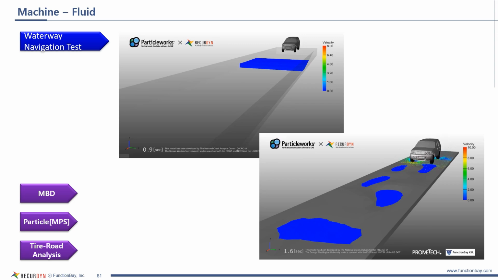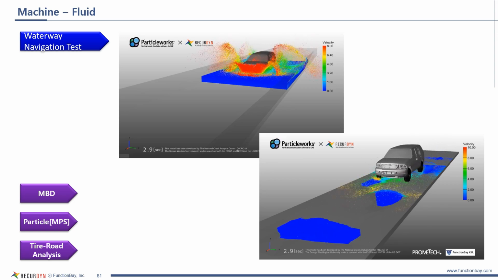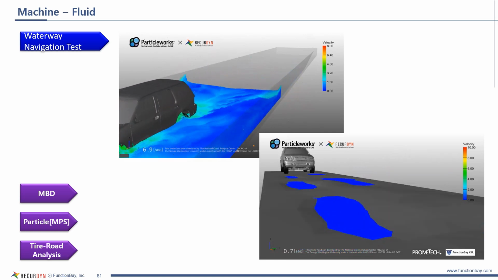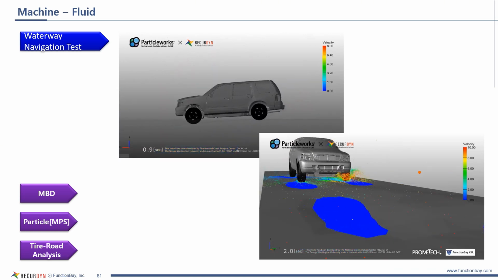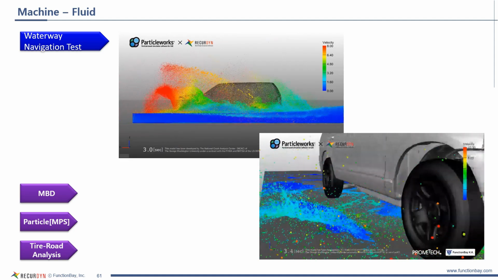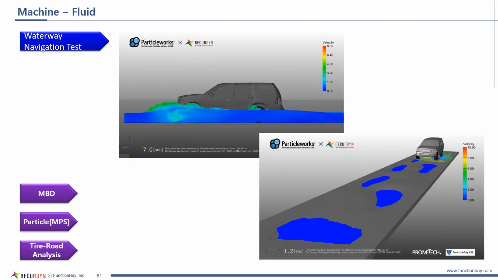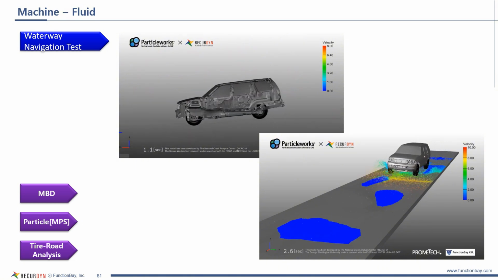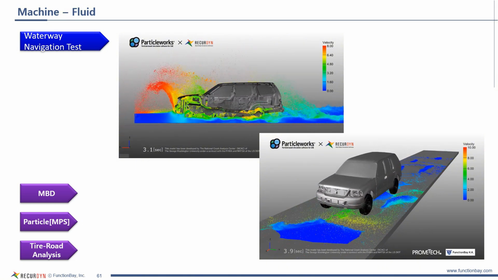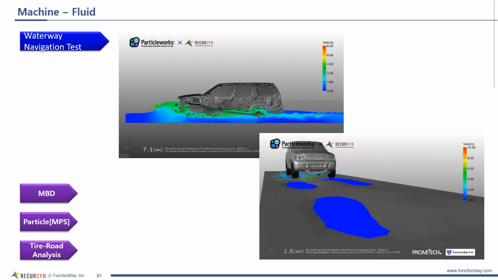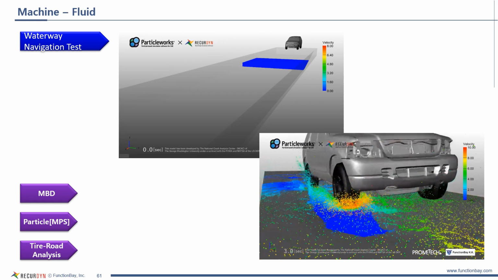The example you see demonstrates an analysis of the movement of water on the road surface using the MPS method, and the analysis of a driving car using dynamic analysis. The fluid behavior is analyzed using a fluid analysis program, while the vehicle behavior is analyzed using a multi-body dynamics program.